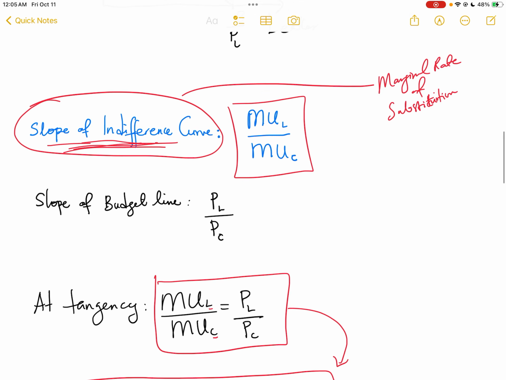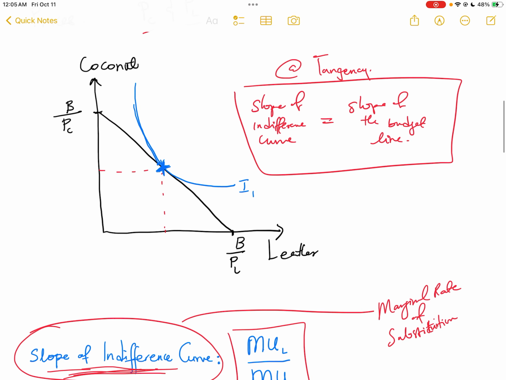Here, at tangency, we set the slope of the indifference curve equal to the slope of the budget line. And if you need a reminder on slopes of the budget line, please see previous videos. I have them there. We set these two equal to each other, and we see the optimal number of coconuts and the optimal number of leather units that this consumer will consume.